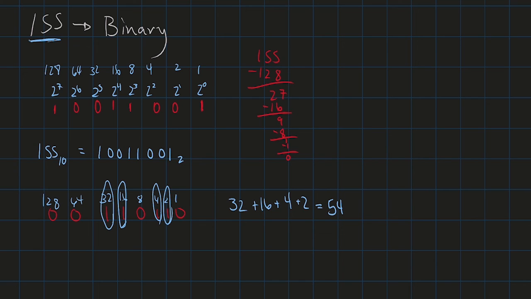Which means that 0, 0, 1, 1, 0, 1, 1, 0 base 2 is equal to 54 base 10.